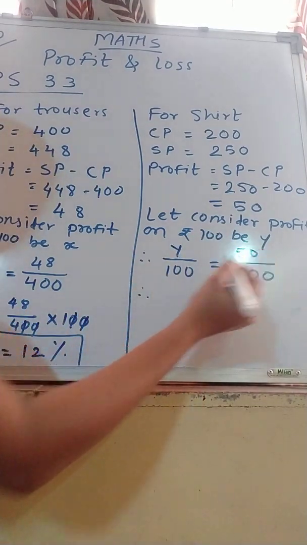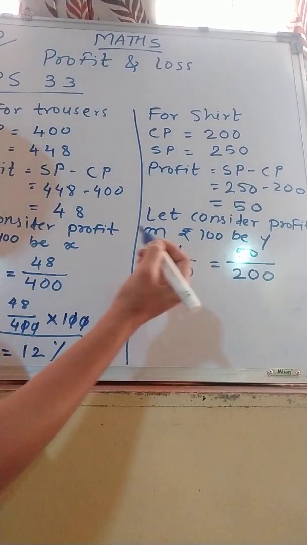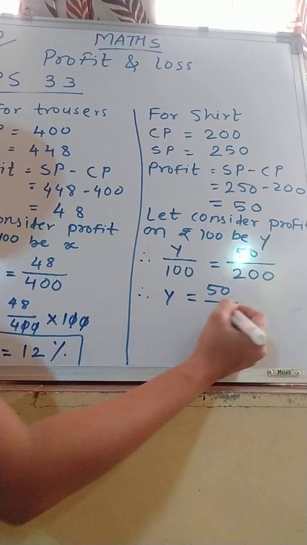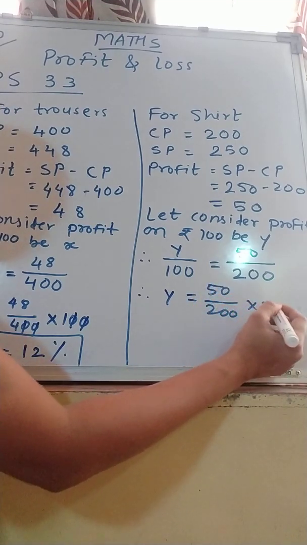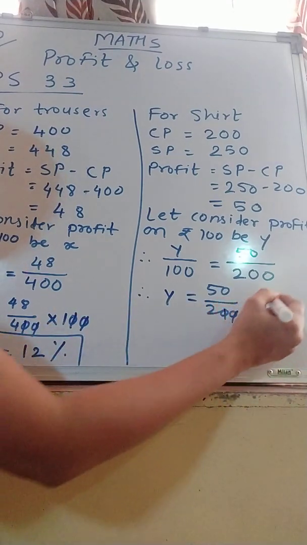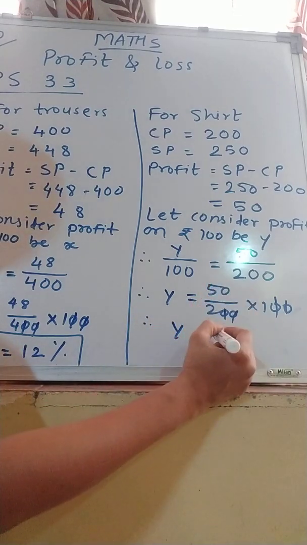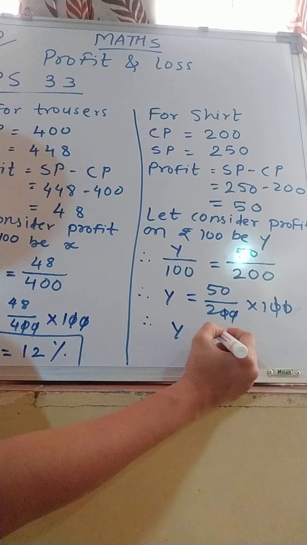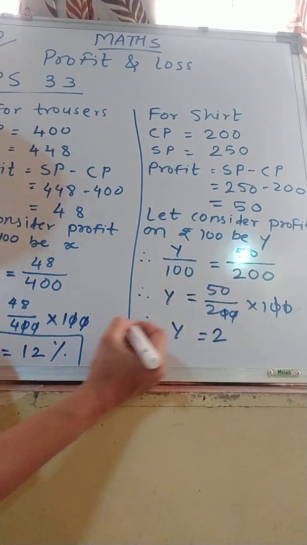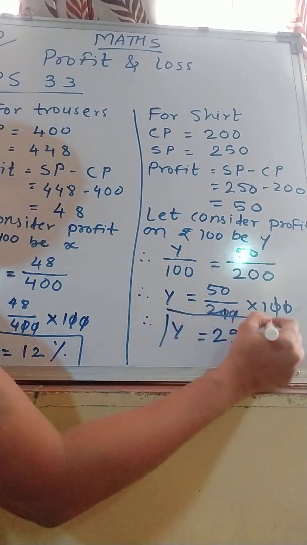Now see, remove this 100 from both the sides. So Y is equal to 50 upon 200 multiplied by 100. Understand? This 0 0 cut, this 0 0 cut. Y is equal to 2 ones are 2, 2 twos are 4. Remainder 1. 25%.